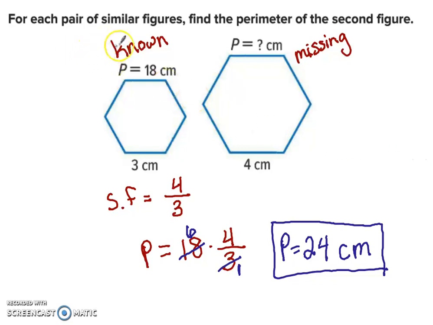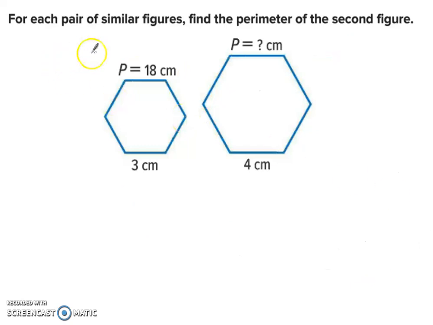Okay, so first we're going to label known. This one is my known. This one is my missing. And for each pair of similar figures, we need to find the perimeter of the second figure.